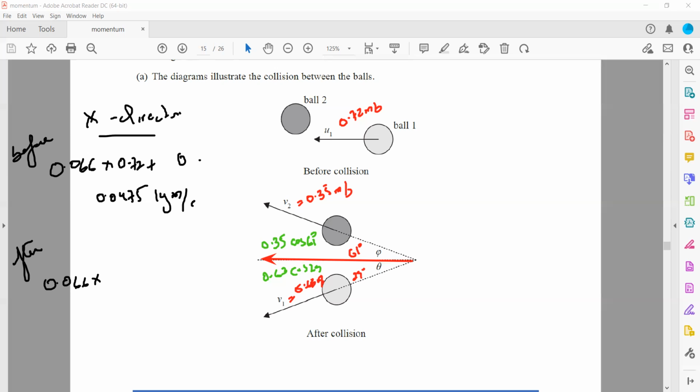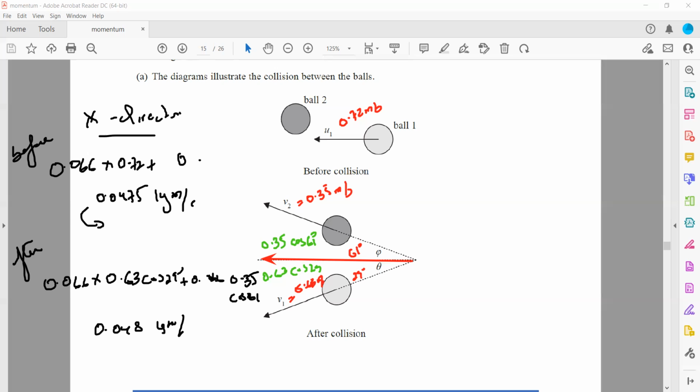You can see here ball 1 moves at 0.63, but we take the horizontal component, so 0.63 cos 29. Plus the other ball also has the same mass, 0.066, and the speed at which it moved is 0.35, but because we take the horizontal component, it will be cos 61. When we sum them, it will come out as 0.048 kilogram meter per second.